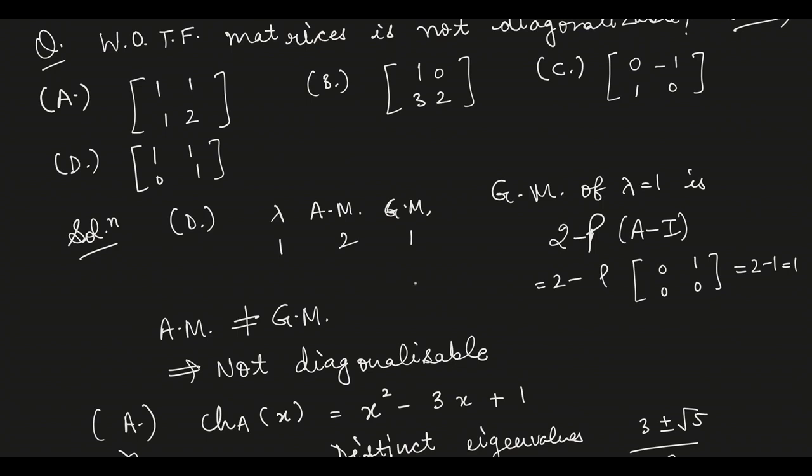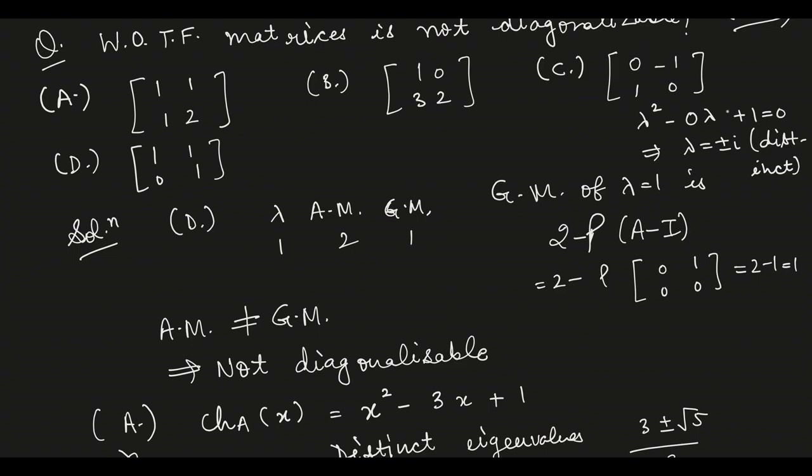Option C, what are the eigenvalues? Lambda squared minus trace plus determinant, giving plus minus iota. Again distinct eigenvalues.